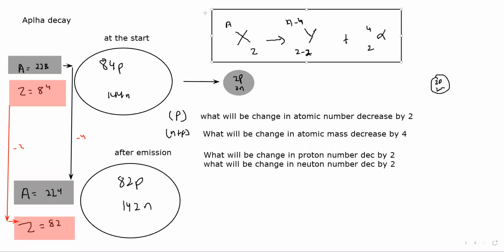For example, an element X was having 220 and 86, and it emits alpha.